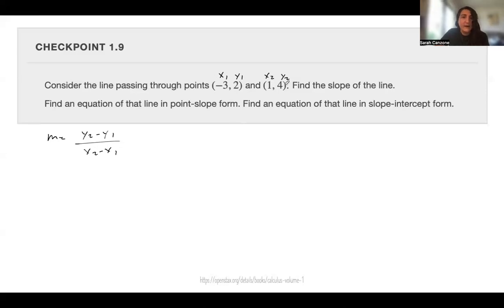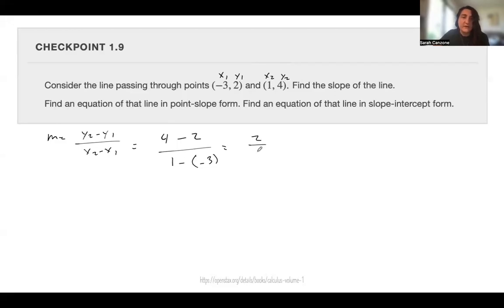I've already written it out. I just need to plug the numbers in. So I see y2 is 4 minus y1 is 2 over x2, which is 1 minus x1, which is -3. So this is where we have to be very careful. It's minus a -3. 4 minus 2 is 2 over 1 minus -3.